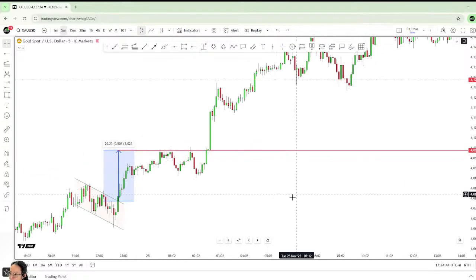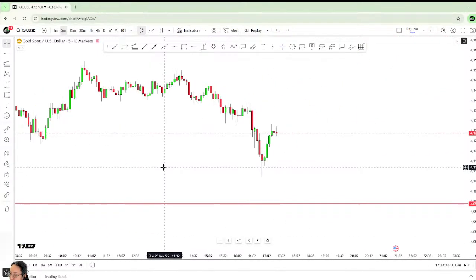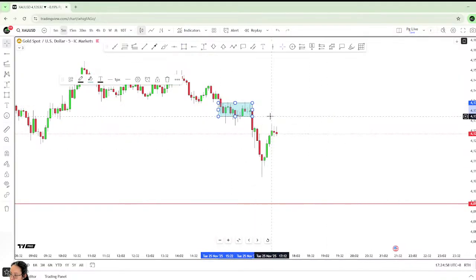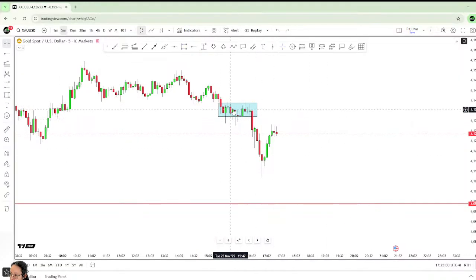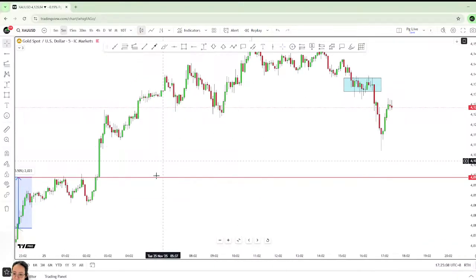Okay, the distance. This is current. It was sideways here. This is not. It was sideways before the breakout. Okay, this is not. Okay, this is an example.